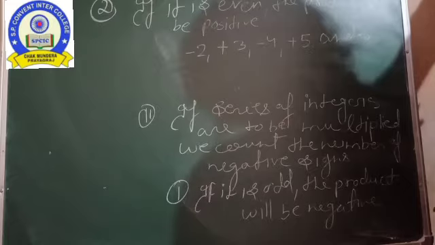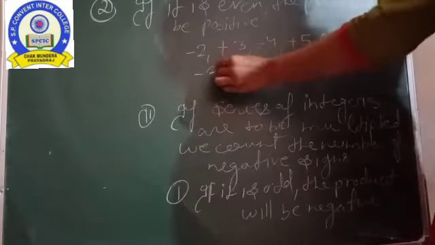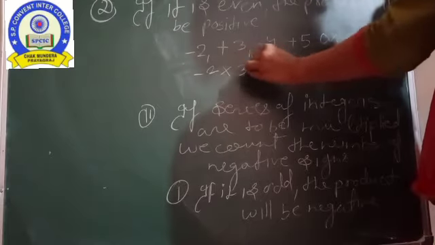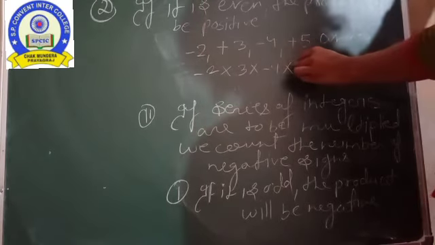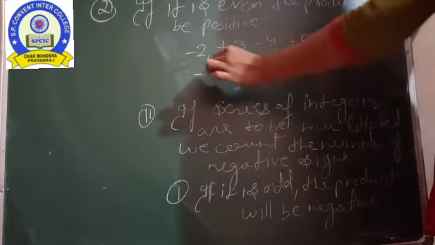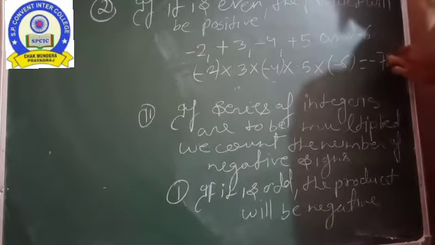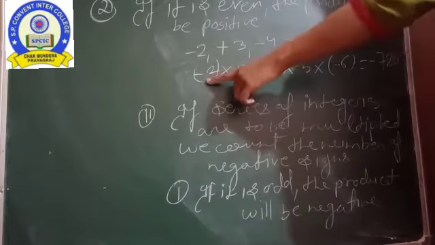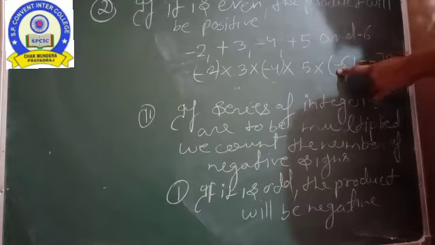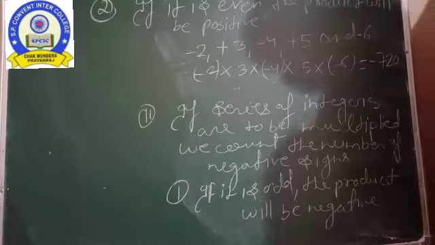Negative sign. Okay, see, do the product. -2 into 3 into -4 into 5 into -6 equal to -720. Minus minus plus, plus minus minus, so the product will be negative.